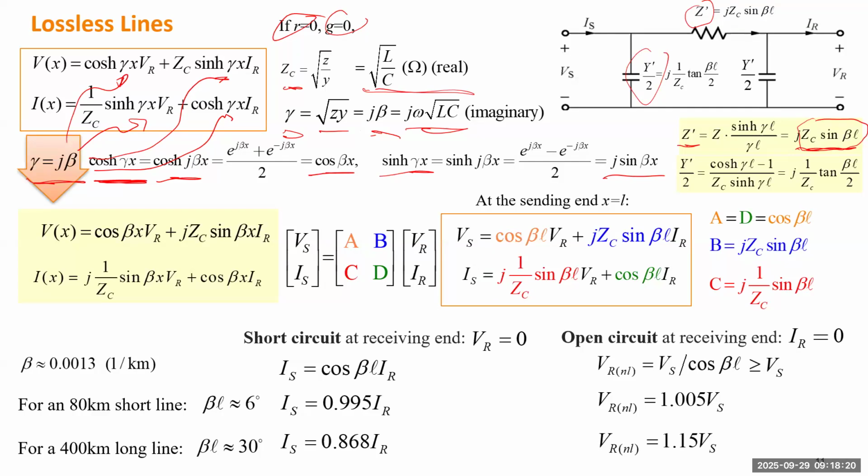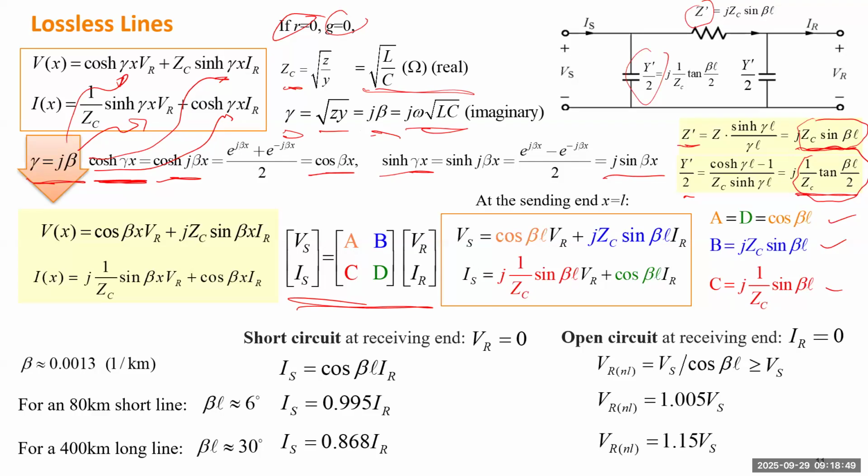The half of Y prime right now becomes another imaginary number, j times 1 over ZC times tangent half of beta L. So this part just represents the total admittance to the ground. So we can still take this transformation, and we'll have those coefficients calculated by those expressions.